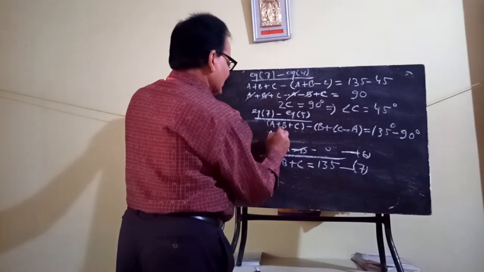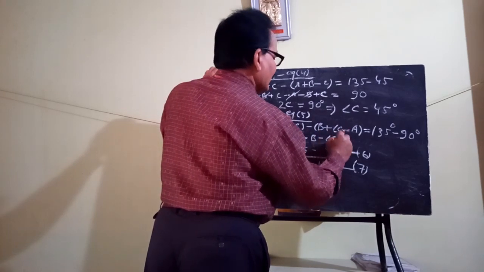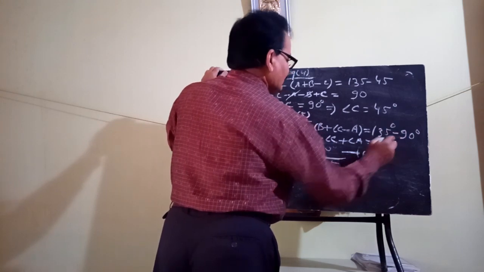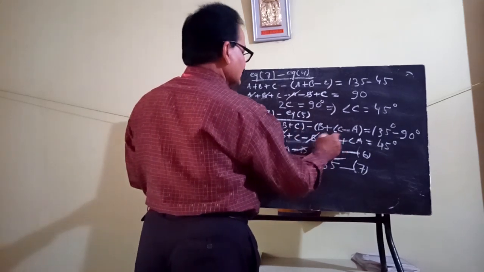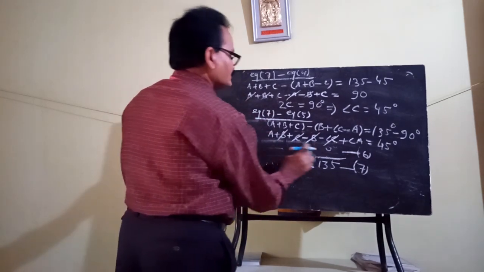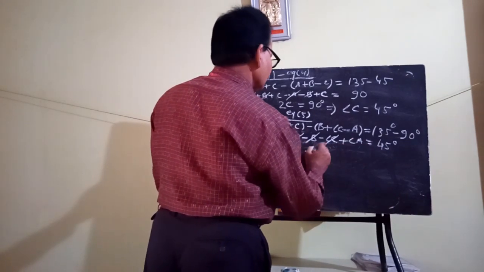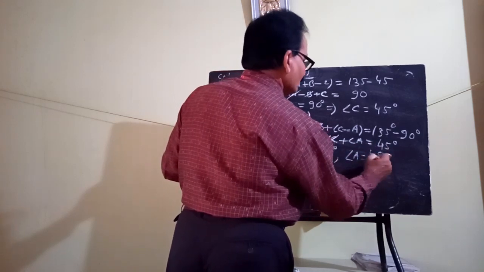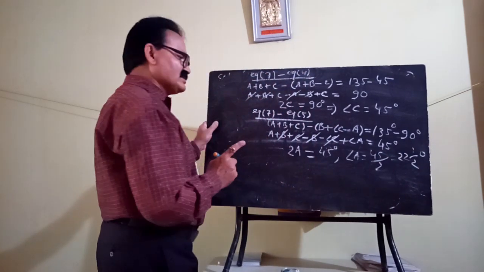You see a plus b plus c minus b minus c plus a, after subtraction this becomes 45 degrees. So B cancels, C cancels, a plus a is 2a. So 2a equals 45 degrees, then angle A equals 45 by 2, that is 22.5 degrees. So now you have got the value of A.